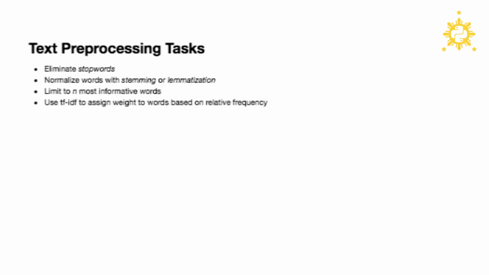An important part of NLP, computational linguistics, is the pre-processing tasks you might do to make the data more manageable. So, eliminate the stop words, which means the words that don't provide a lot of information. It is articles, maybe some pronouns. You might also normalize the words with stemming or lemmatization.